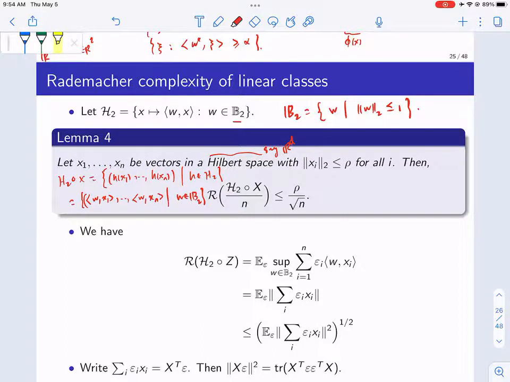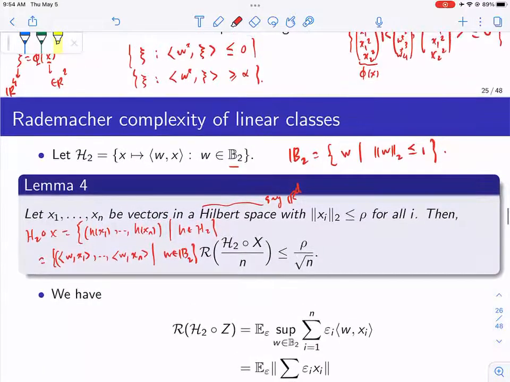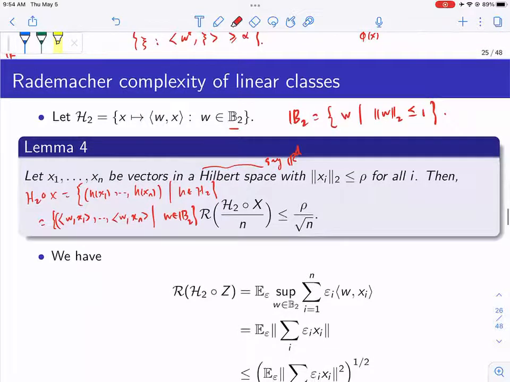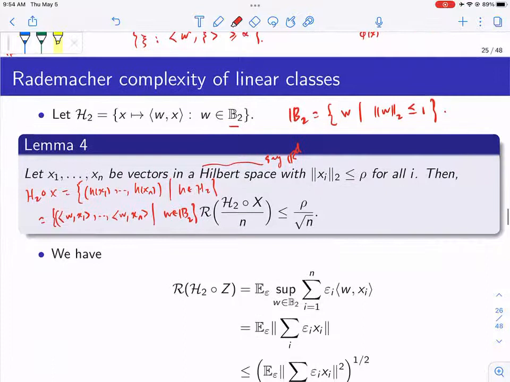So the first thing that we do is, can anyone justify this step? How do you get from this to this? Right, yeah, so the dual.